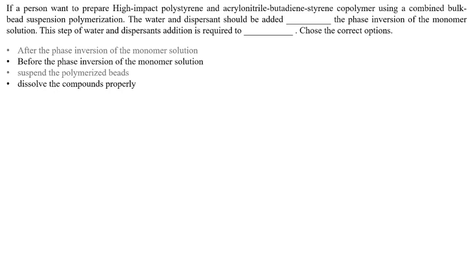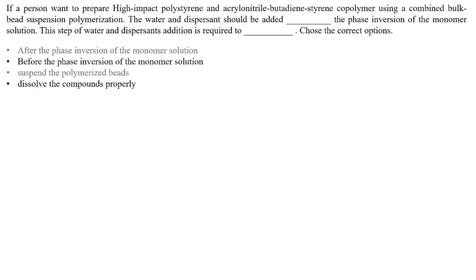First of all, we have to manufacture the high impact polystyrene and acrylonitrile butadiene copolymer in a combined bulk suspension process. What is happening in bead suspension polymerization is that the monomer, when it forms the polymer, the polymer forms a smooth bead and it separates out, and it is soluble in the solvent itself.